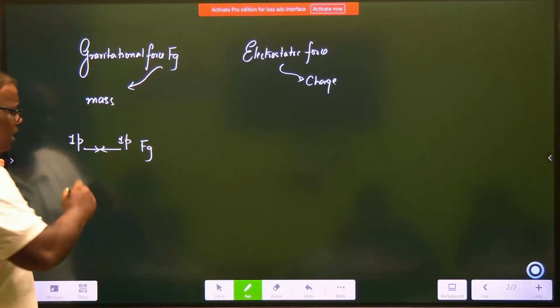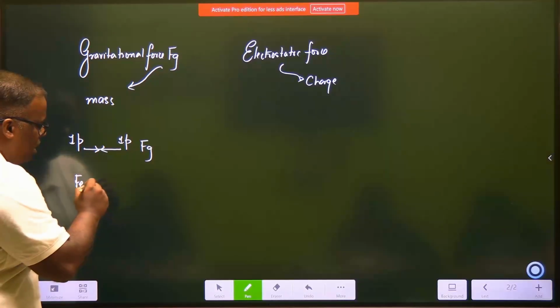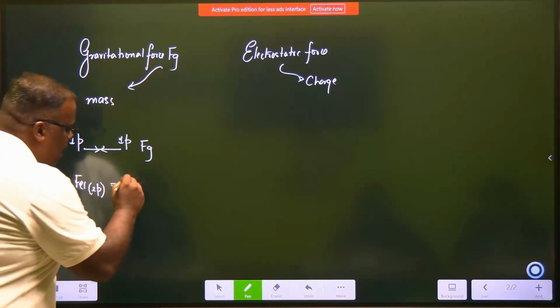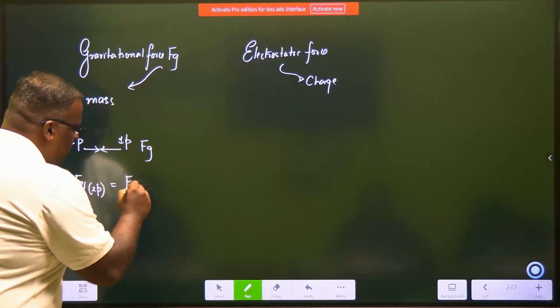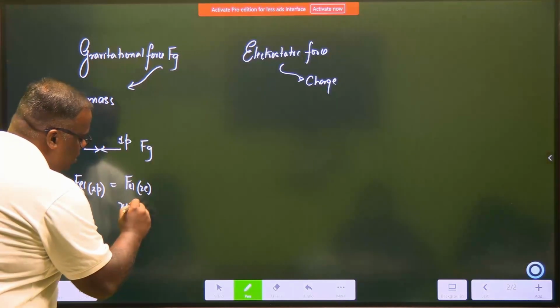However, the electrostatic force between two protons is exactly the same as the electrostatic force between two electrons, and they are repulsive.